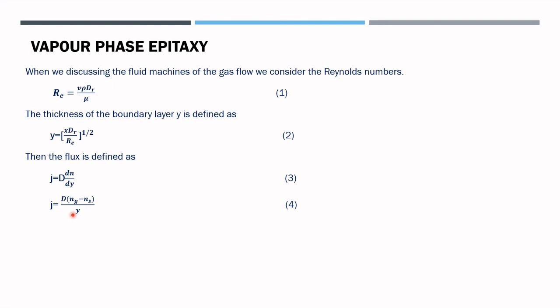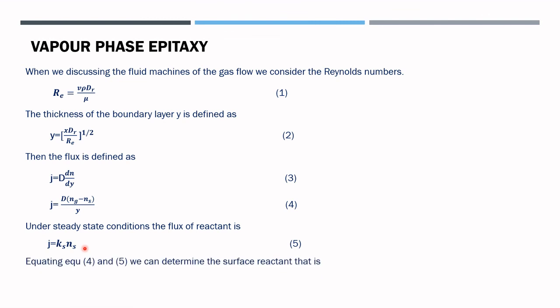Okay. Under steady state conditions, the flux of reactant across the boundary layer is equaled by a chemical reaction at the silicon surface where the film is growing, and that is J equal to Ks Ns, where Ns is the surface reactant concentration and Ks is the chemical reaction rate constant, representing the surface reaction.